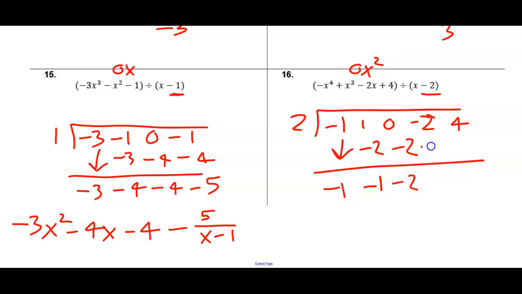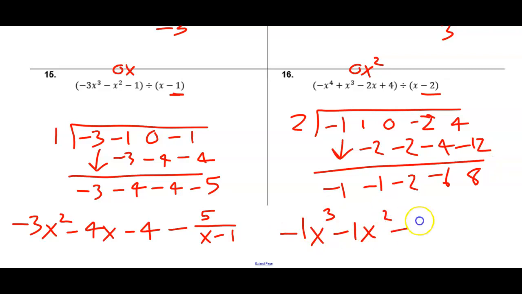Negative 2 times 2 is negative 4. Add them up. Negative 6 times 2 is negative 12. Add them up. So 1 down from 4 is negative 1x to the third minus 1x squared minus 2x minus 6 plus 8 over, that's an 8 over x minus 2.